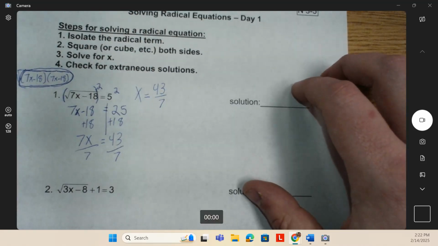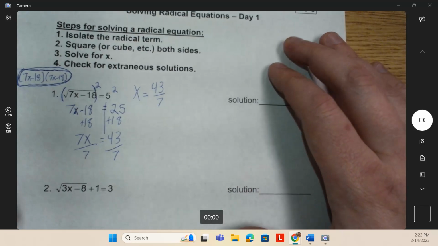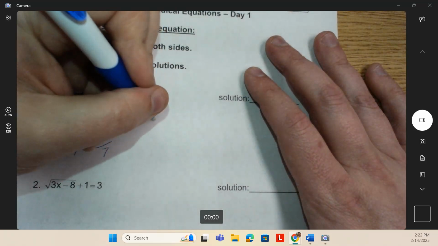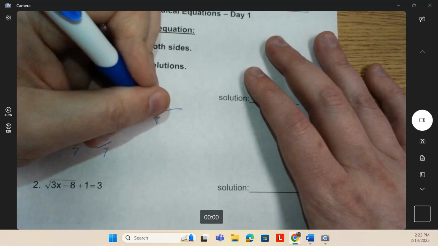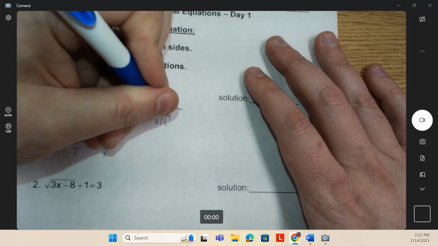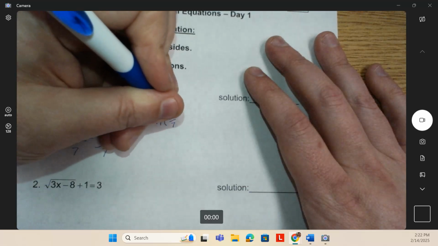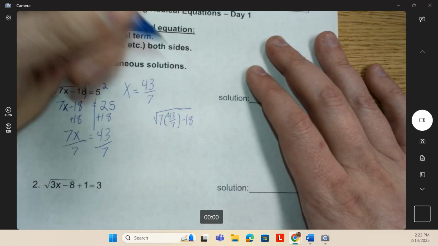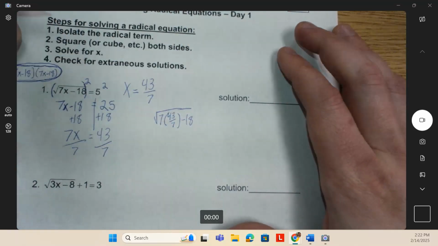And then we're going to check our answers just to make sure that it works out like it's supposed to. So if I put in square root of 7 times 43 over 7 minus 18, then what I should end up with is a 5.